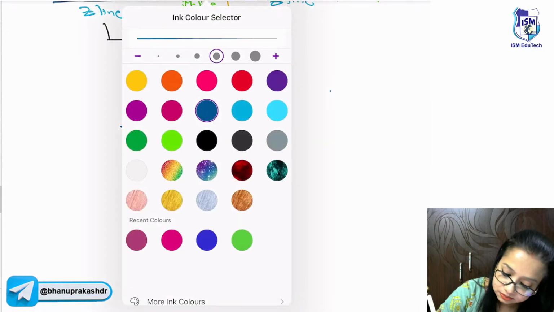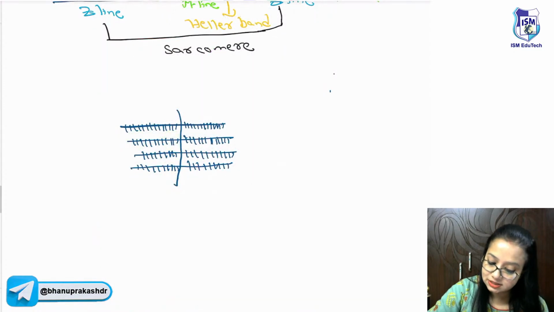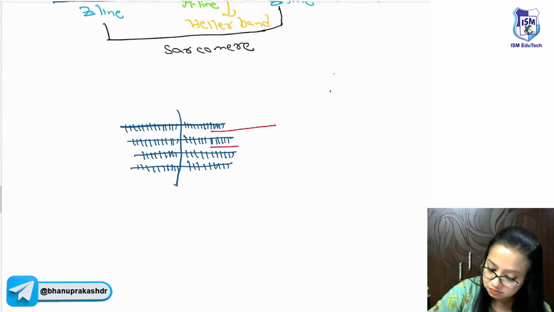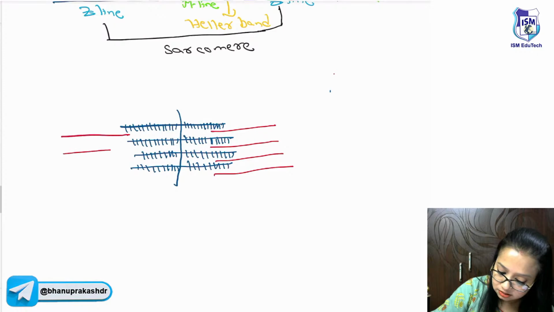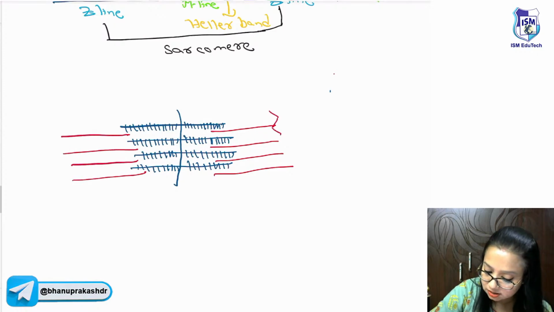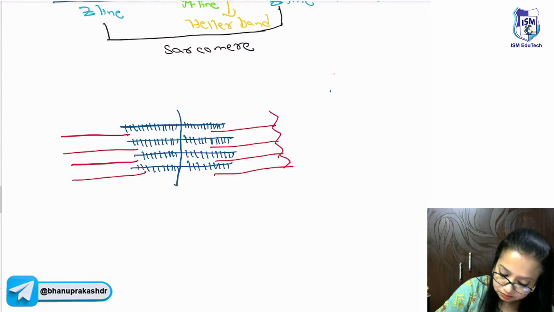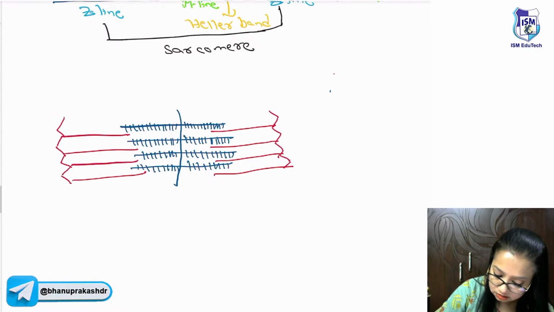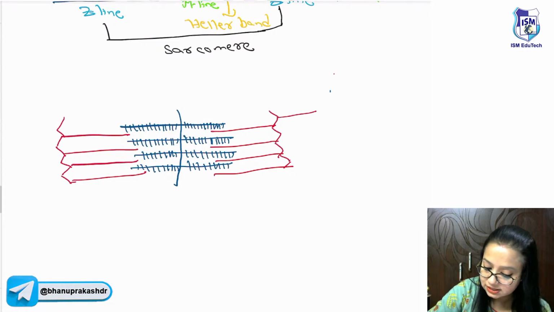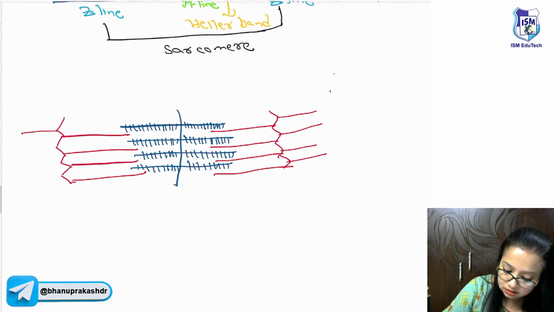Now, on either side, the flanking structures are the actin.